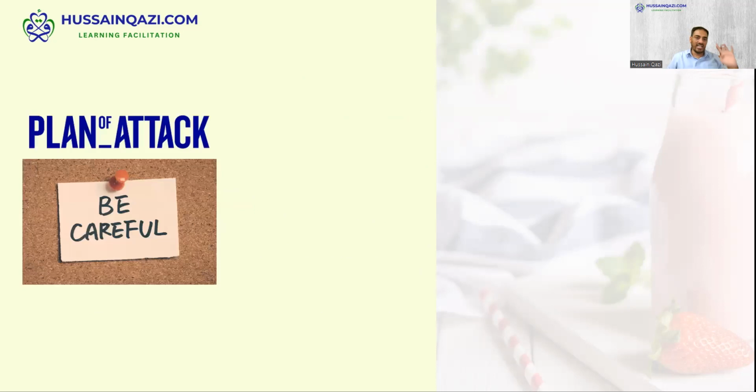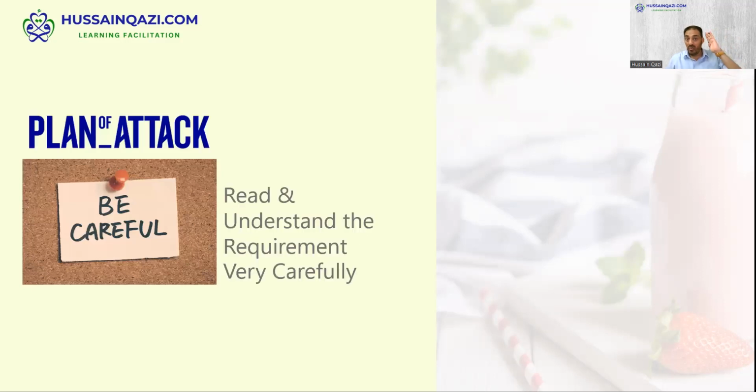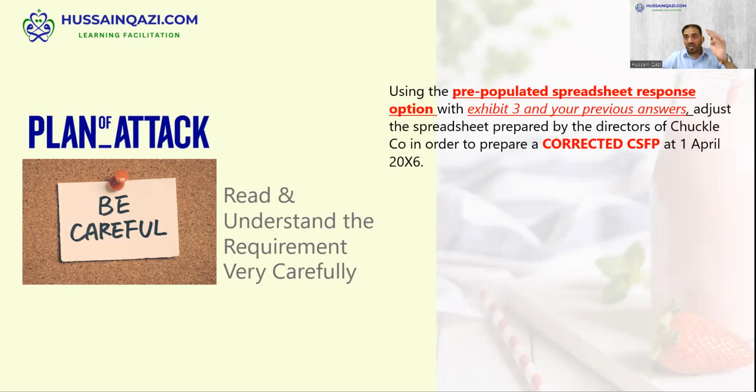That's important. Another point, be careful about what you have read and understand the requirement very carefully. With this slide, we will also cover how to develop the mindset or mind framing. That is rule number 2.